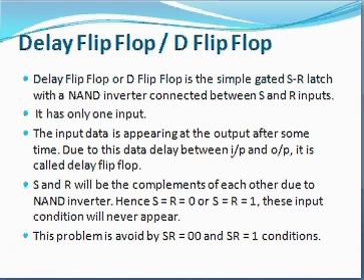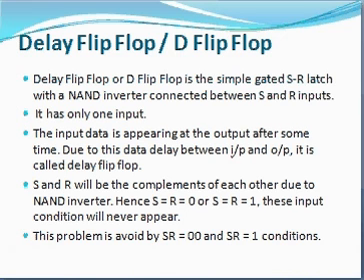It is the simplest gated SR latch with a NAND inverter connected between the S and R inputs. It has only one input. The input data appears at the output after some time. Due to this time delay between input and output, it is also known as the delay flip-flop. S and R will be complements of each other due to the NAND inverter.